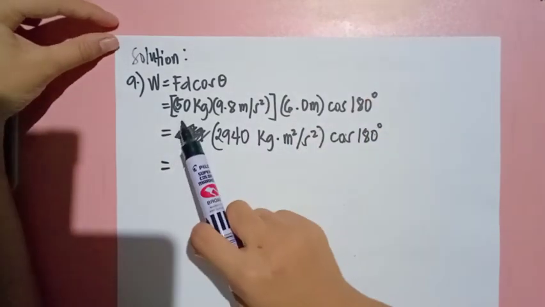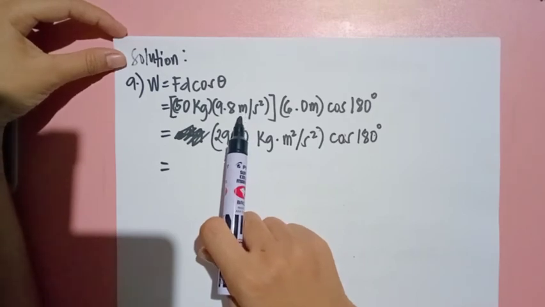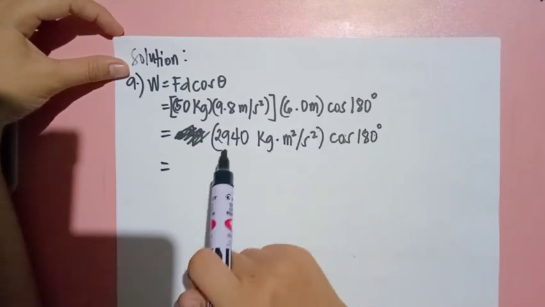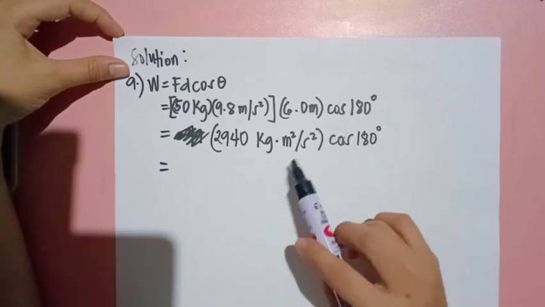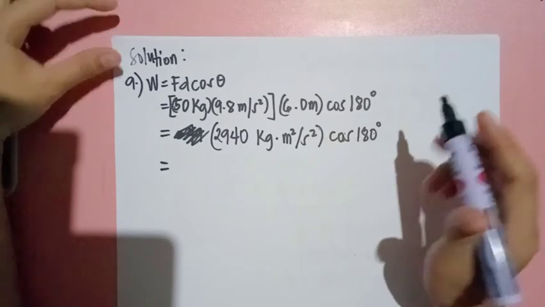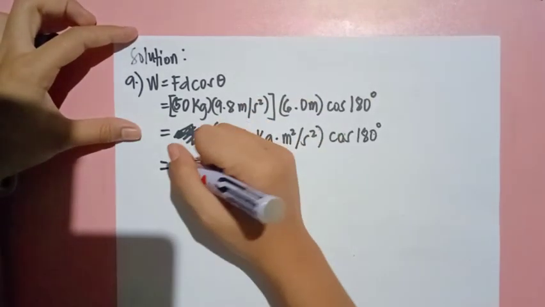Okay, so 50 times 9.8 is 490 kilogram meters per second squared. Multiply that by 6 meters, we get 2,940 kilogram meter squared per second squared, and then multiply that by cosine 180, which is equal to -1.